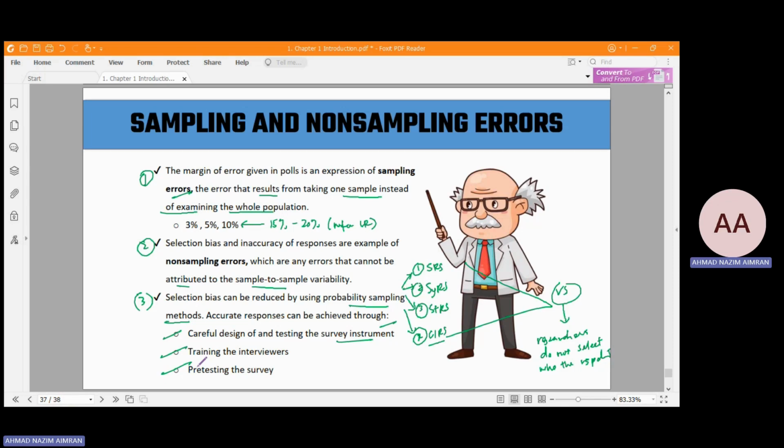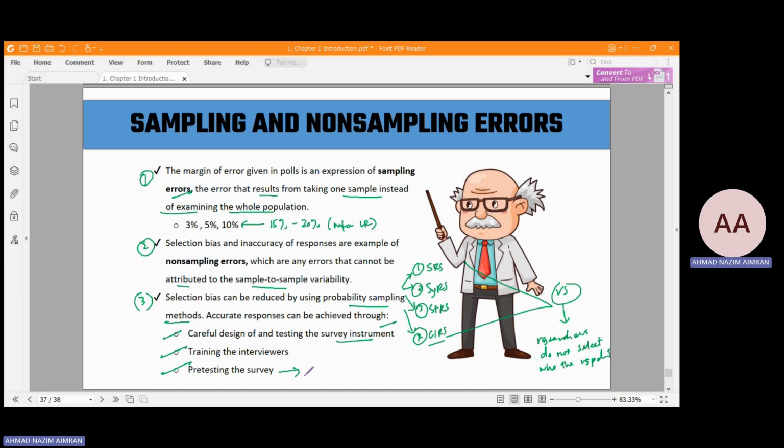All right. To pre-test the survey is actually like, you need to go to the field. You need to experience first what the interviewers go through during the survey.